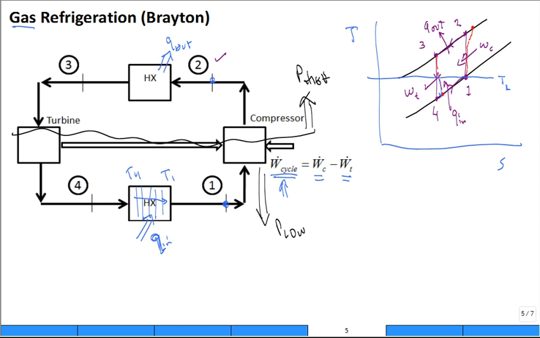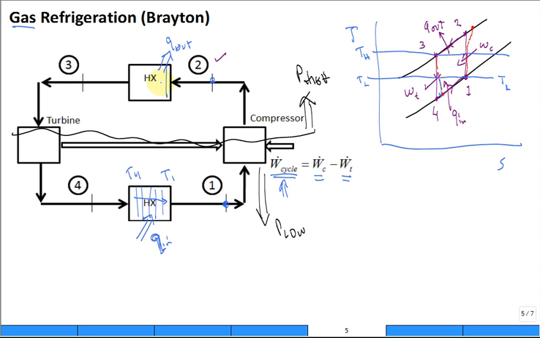Otherwise, you won't get heat to transfer out of that low temperature source into the working fluid. Likewise, look at this. The high temperature can't be any less than T3.